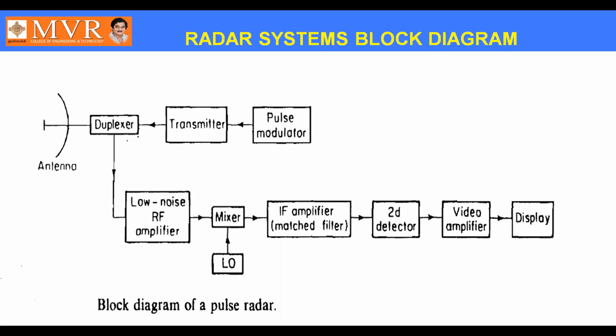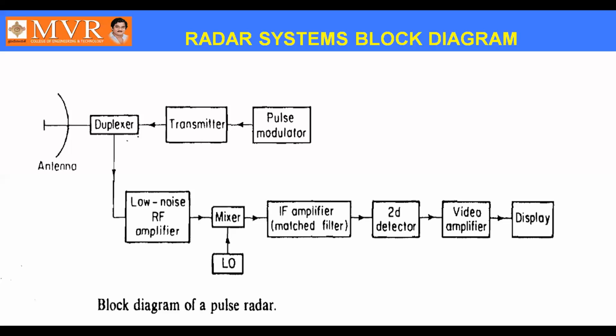These signals hit the target and are reflected back towards the radar. The reflected signal is known as the echo, and this echo signal is processed by the receiver placed at the radar system. Depending on that echo, we decide whether a target is present or not. This is the basic principle of the radar system.